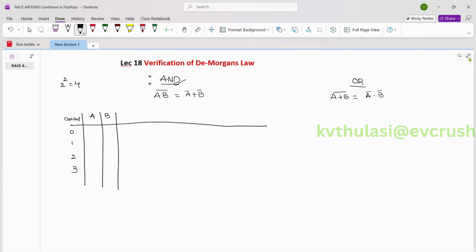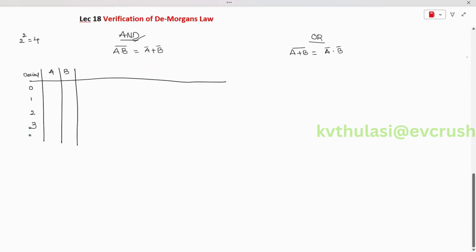This is how we are going to get the analysis. To write the decimal in binary form, 2 to the power 0 is 1, 2 to the power 1 is 2. Now let's write the binary equivalent: 0 can be written as 0, 0, 1 as 0, 1, 2 as 1, 0, and 3 as 1, 1.